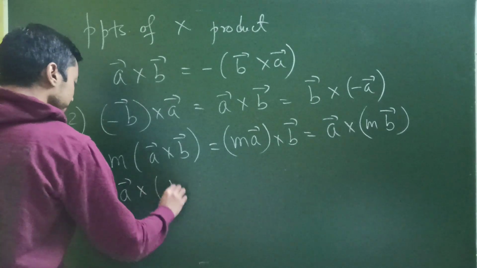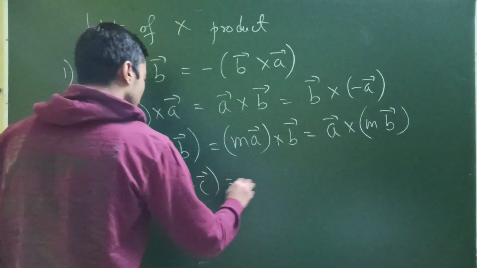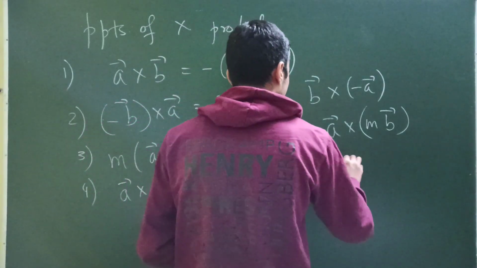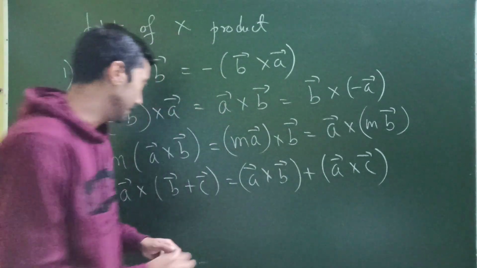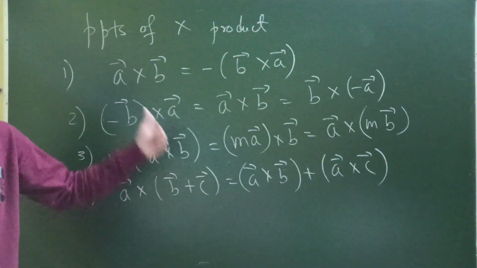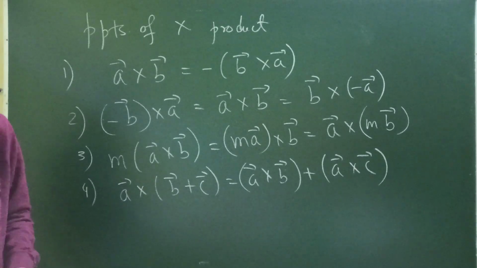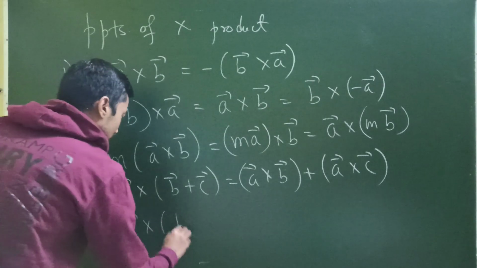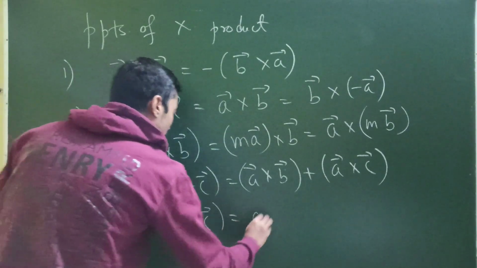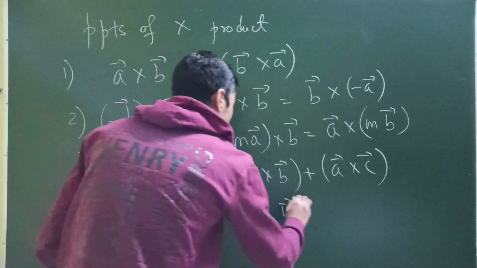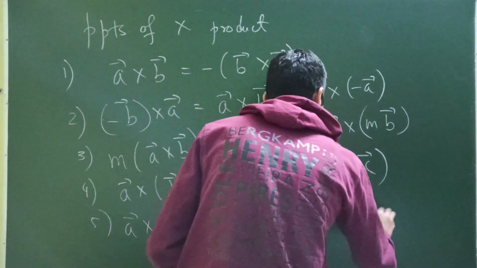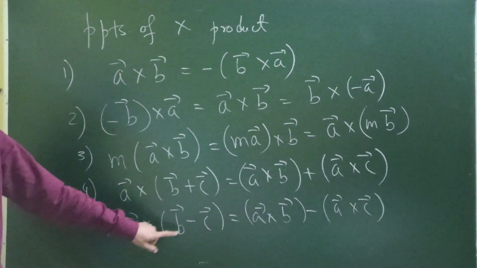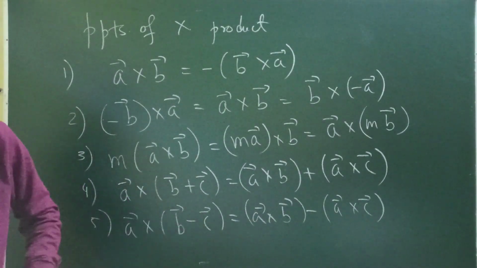That is, A cross of B plus C will be A cross B plus A cross C. Alright, similarly, it holds for the difference also, that is, A cross of B minus C will be equal to A cross B minus A cross C.